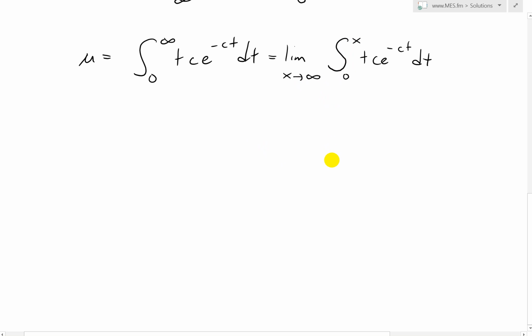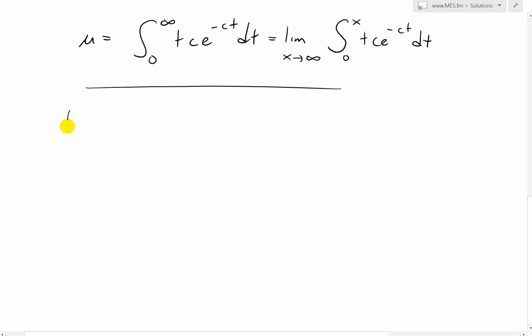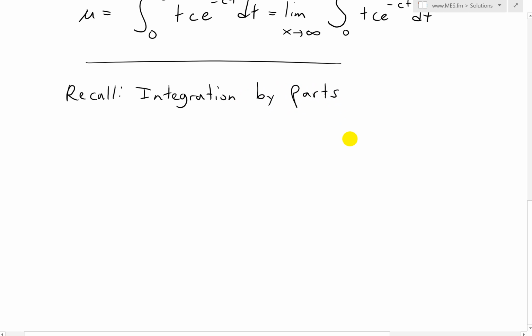We can solve this integral using integration by parts, and I'll show you why. Recall integration by parts. In my earlier video I went over this, and you can also see more detail and the proof in the video linked below.